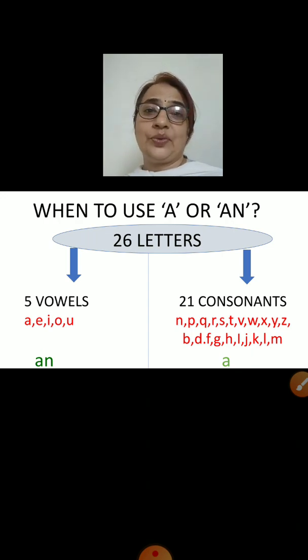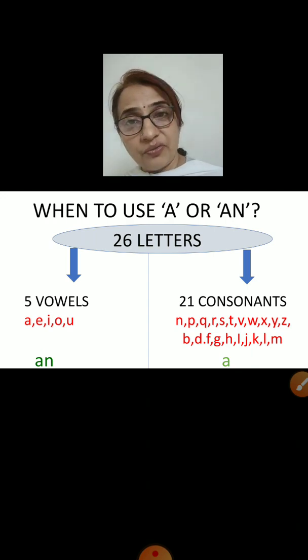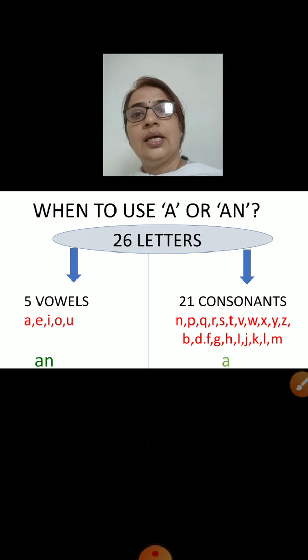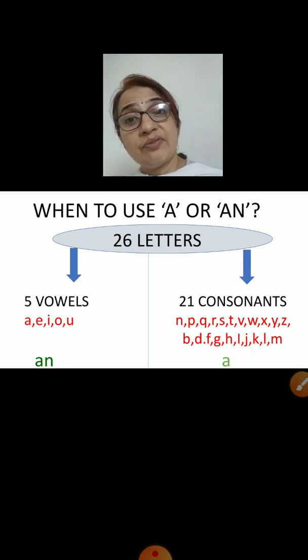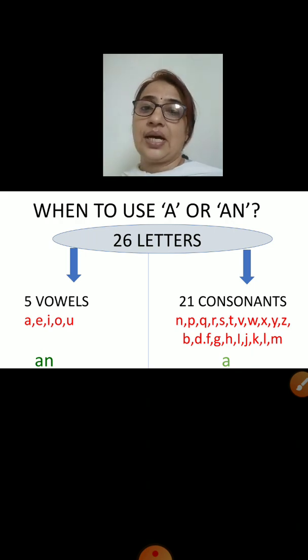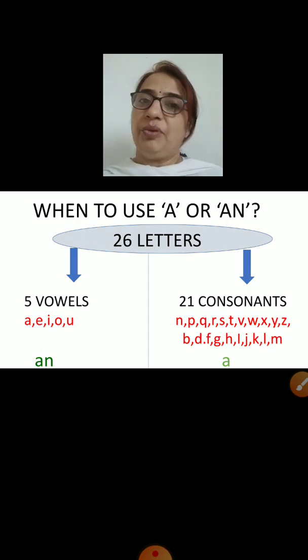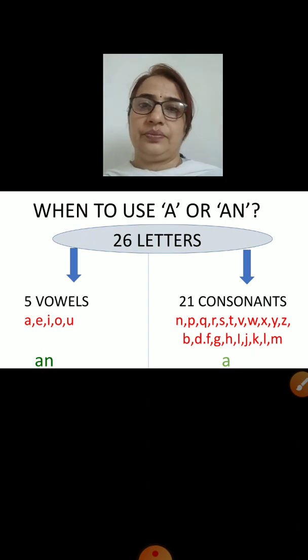Now when to use a or an? Now we all know there are 26 letters. So article an is used before the vowel sound words. There are 5 vowels: a, e, i, o, u. The words which start with these vowel sounds, we use article an before them. Then article a is used before the consonants.